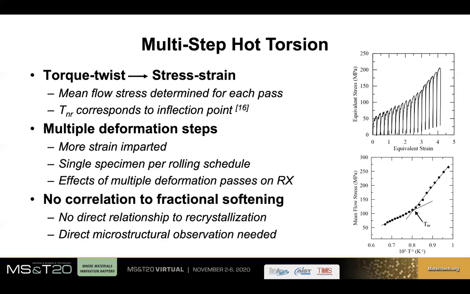There is, however, no correlation to fractional softening and no direct relationship between the recrystallized fraction and the inflection point used to define TNR for the multi-step hot torsion test. So therefore, to fully characterize recrystallization behavior using multi-step hot torsion, direct microstructural observation is generally required.